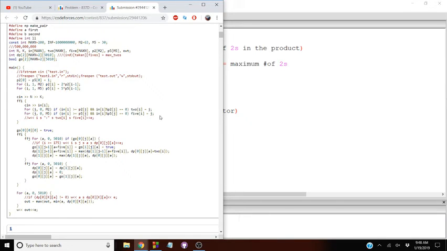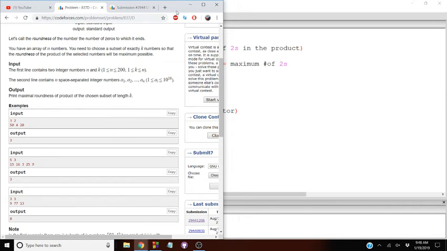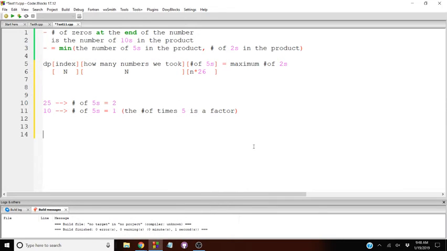The first thing we do here, and I'll explain it as we talk about the solution, is pre-compute the number of 2's and 5's in every number in the array. For the sample input, we're given 5, 4, 20, right? Then we store the number of 2's: there are 0 2's here, 2 2's here, and 2 2's here. And the number of 5's: there's one 5 here, 0 5's here, and one 5 here. We pre-compute this, so we won't have to compute it at every step of our DP.